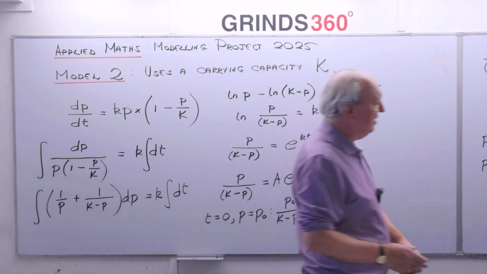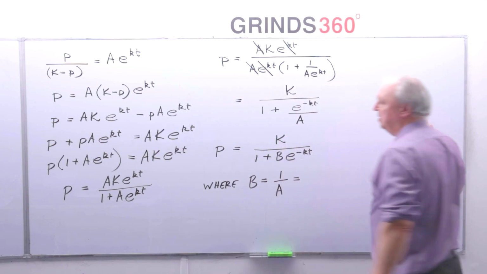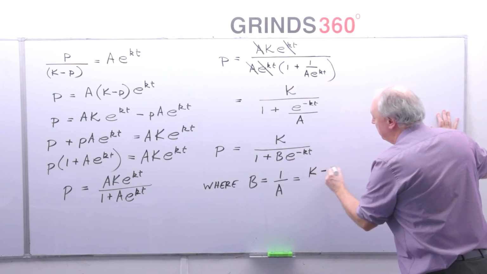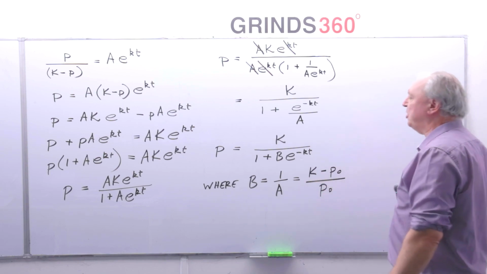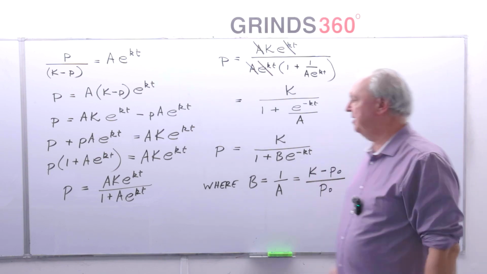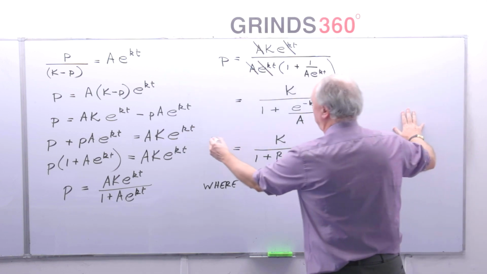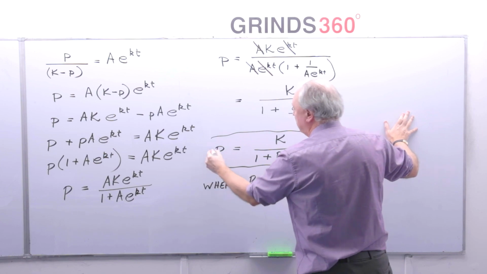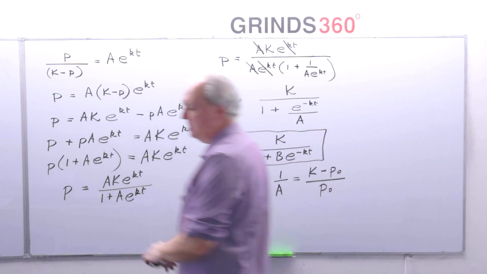So therefore, B is equal to K minus P0 divided by P0. There is the solution to my differential equation in model number 2. And let's see, does that give me better results than the solution that I had in model number 1?